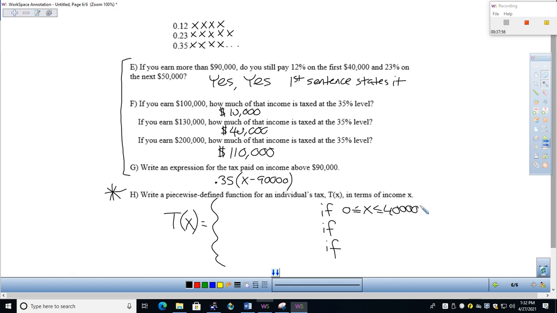There's another way to calculate the tax if I make more than 40,000, so notice no or equals on that, all the way up to and including 90,000. And there is a third way to calculate the tax if I make more than 90,000.